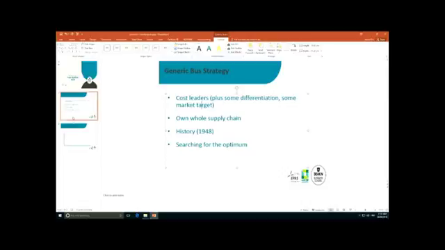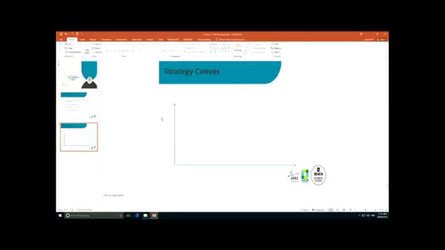All right, jumping ahead now in the couple of minutes we've got left, the strategy canvas. What do you think might be some of the bases on which they compete? What might be some of the bases on which they compete? Design, okay. Good, thank you. Anything else?